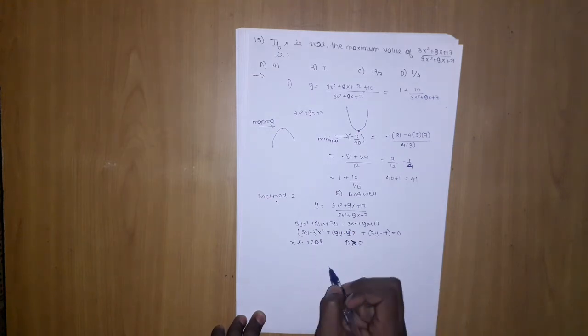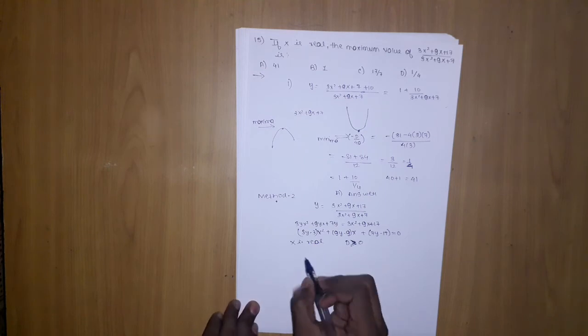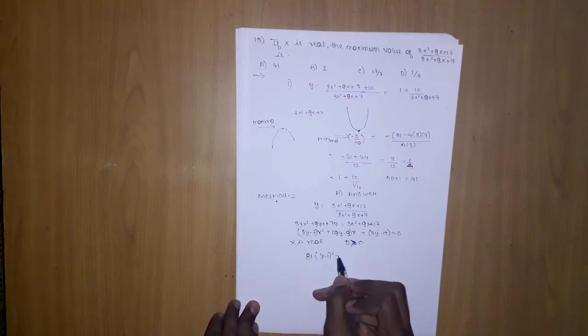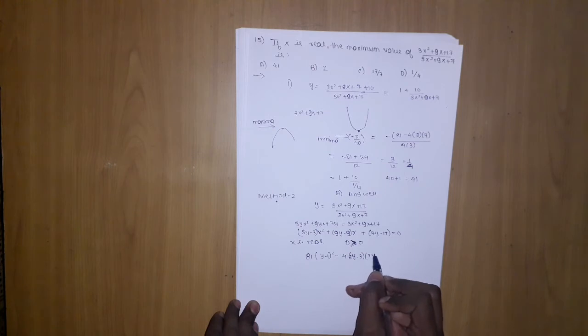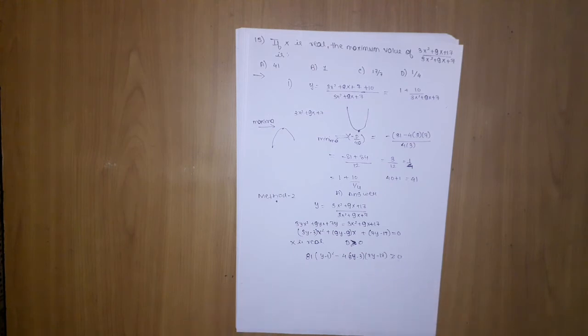Now what will we apply? We will apply this part. Let's bring out 81 common: 81 into (y minus 1) the whole square minus 4ac, that is 4 into (3y minus 3) into (7y minus 17), should be greater than or equal to 0.